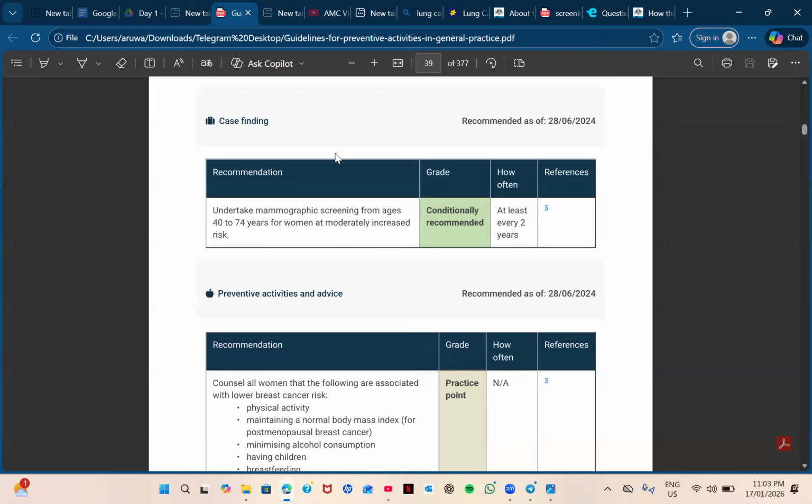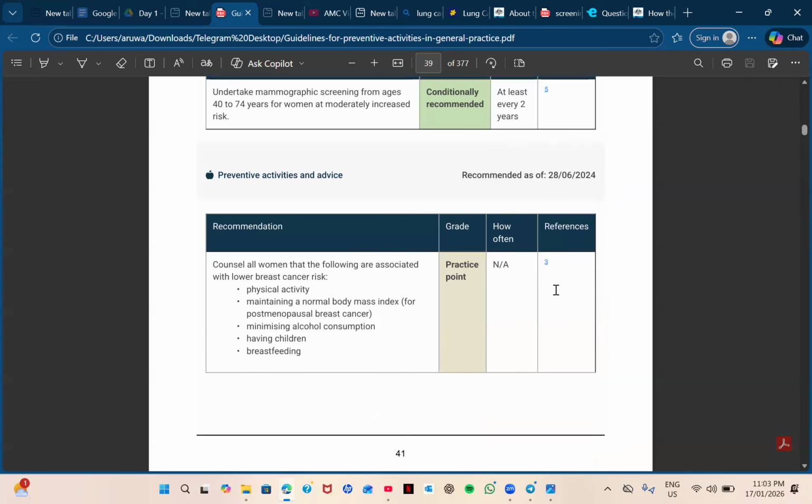For the average one, we start from 50. And how often should we do the mammogram? At least every 2 years. Remember the words at least, every 2 years.